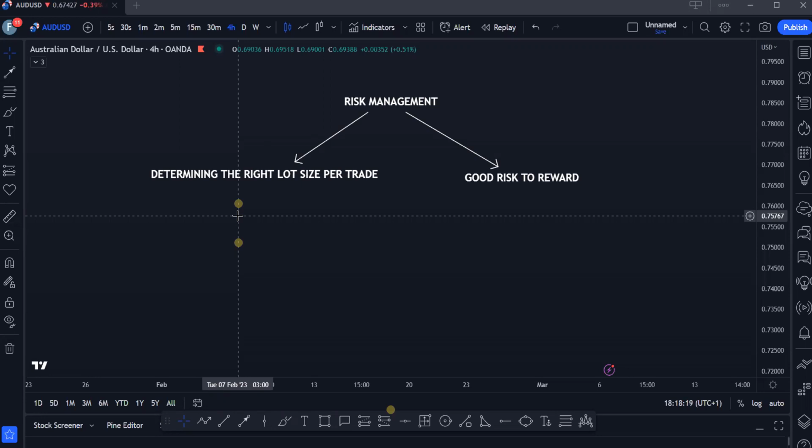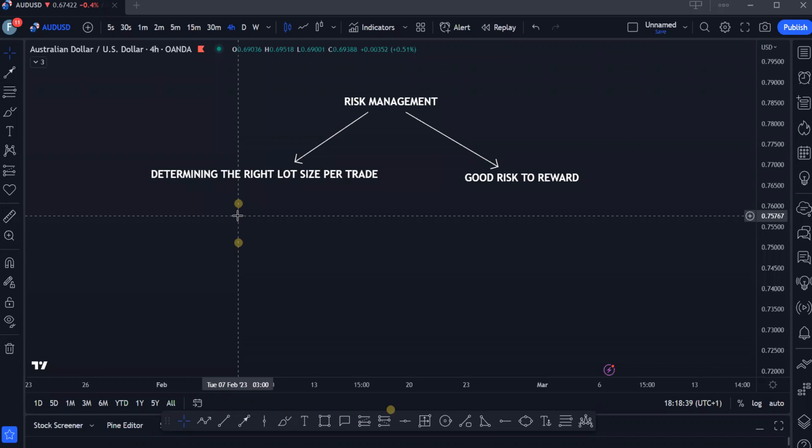Everybody that is a market participant loses money at various points in time. But what will keep us in the game for much longer is the concept of risk.